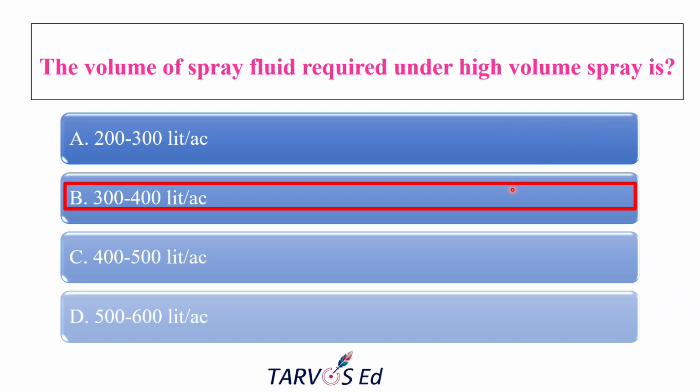Then ULV sprayers are generally the electrodyne sprayer, which operates on current. The electrodyne sprayer is only available for cypermethrin. The rocker sprayer and foot sprayer and all are used for spraying trees and tall crops. So here the answer is 300 to 400 liter, but the actual answer is more than 400 liter. Less than 5 means ULV, 5 to 400 means low volume sprayer. This is how you can easily remember this.